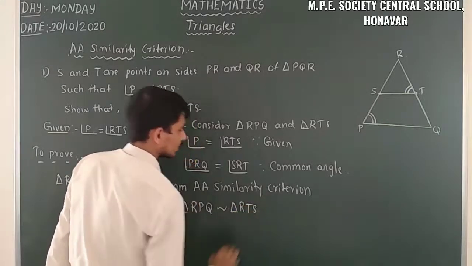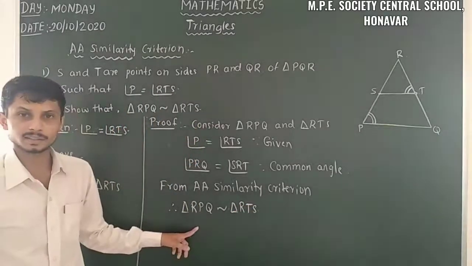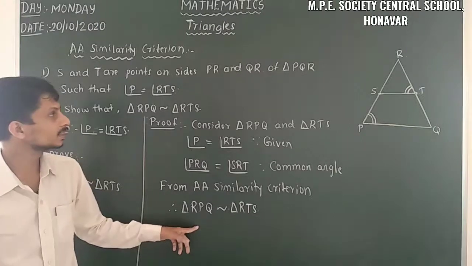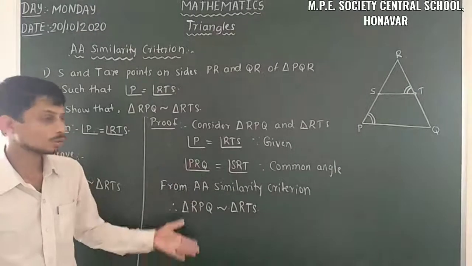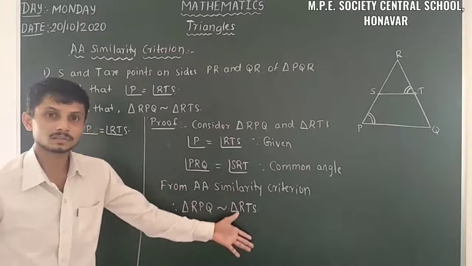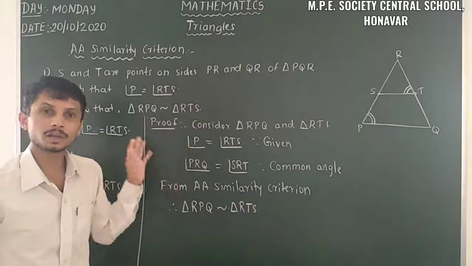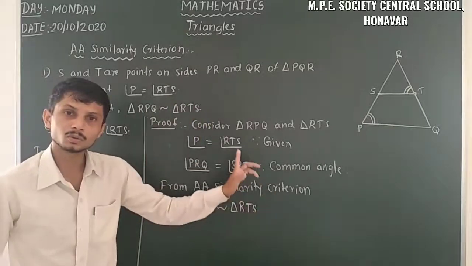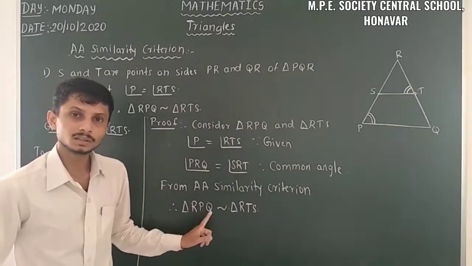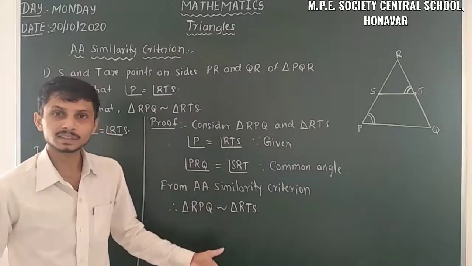This is the proof of this problem. Better to write the statement, because if this question carries 5 marks, you get 1 mark for the statement, so you can get it easily.